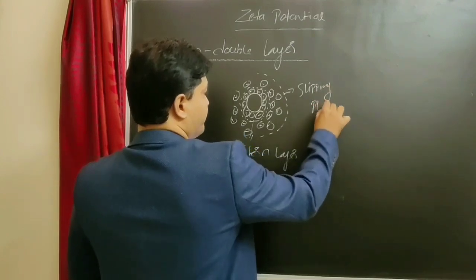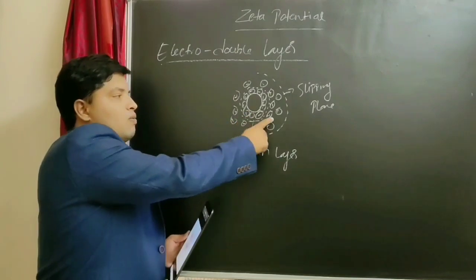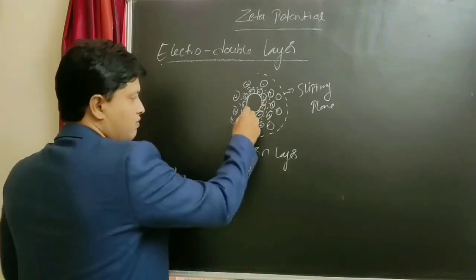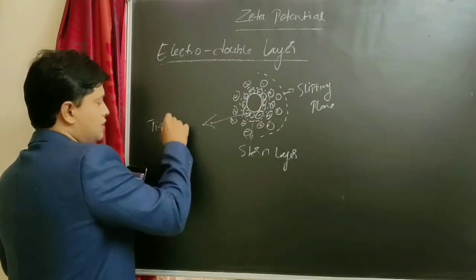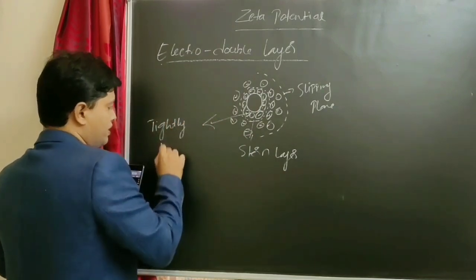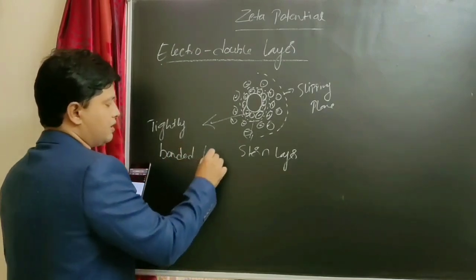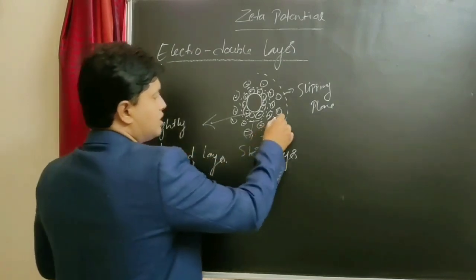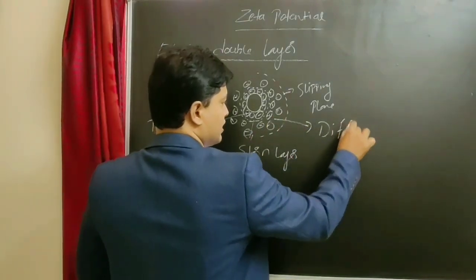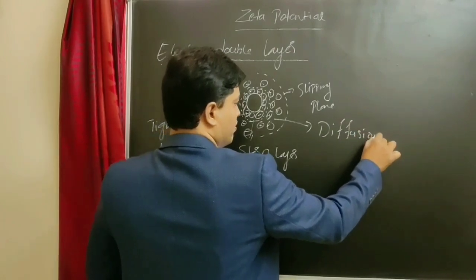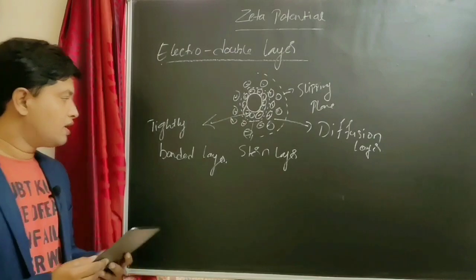So we have two layers here: one is the tightly bound layer, and the other is the diffusion layer. The layer which is outside, we call the diffusion layer. Why do we call it the tightly bound layer?